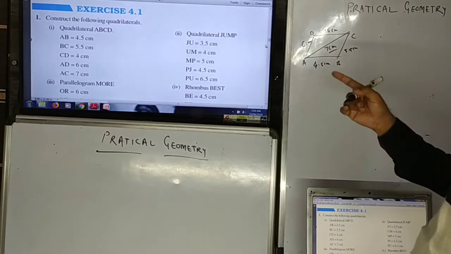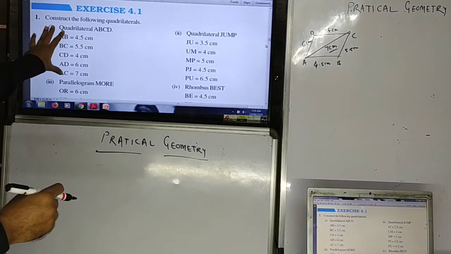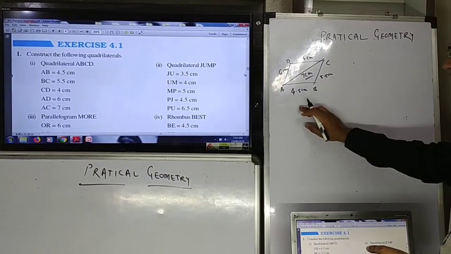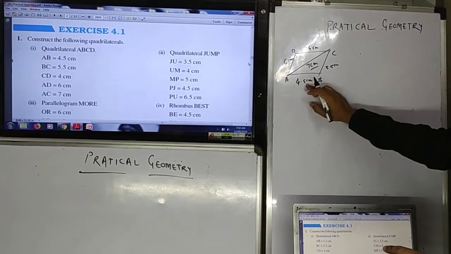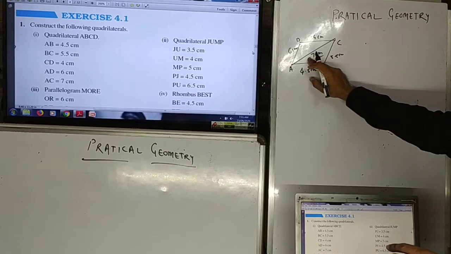Now take one problem, first problem, to construct quadrilateral ABCD with given specification. First of all, we do the rough diagram. In this rough diagram of ABCD, we have this AC equal to 7 centimeter. It is not necessary that we have to start from AC, but it is easy.